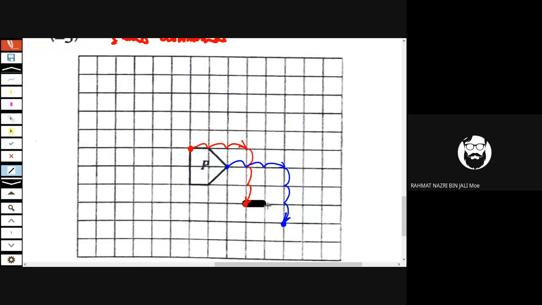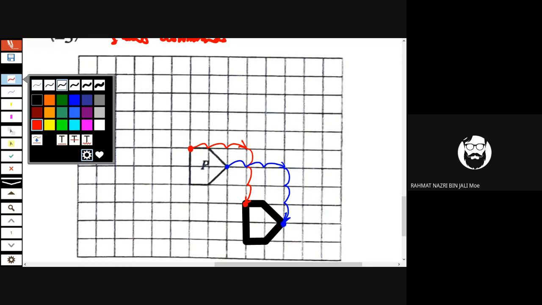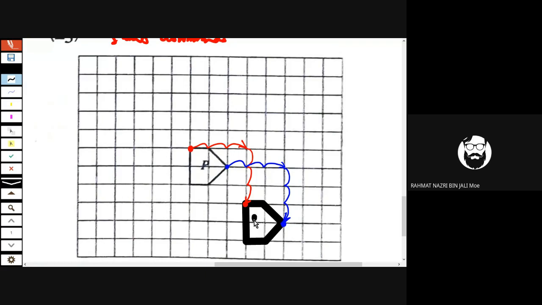Okay. Kemudian label dengan P prime. P prime besar sangat, pensel saya besar.